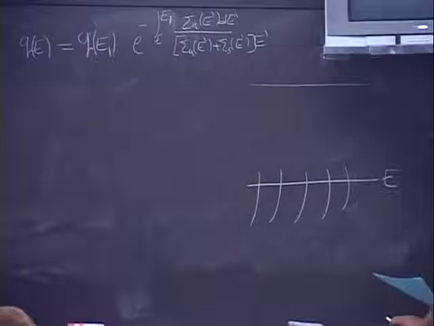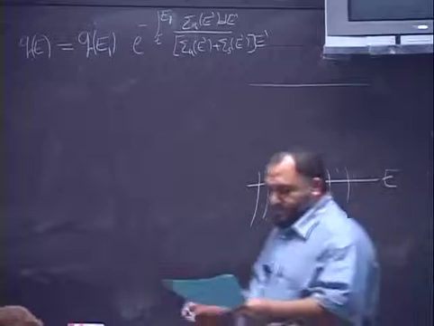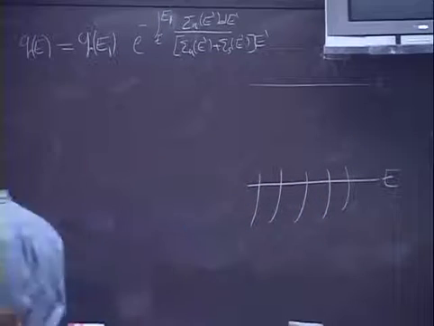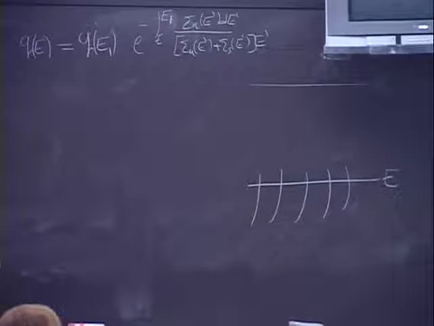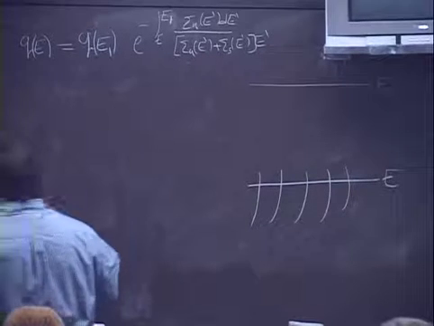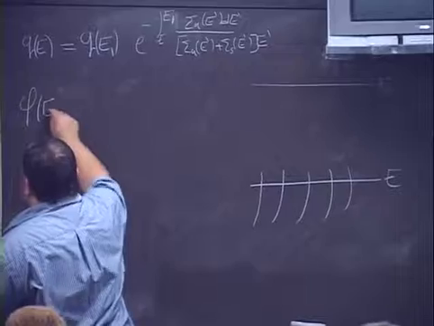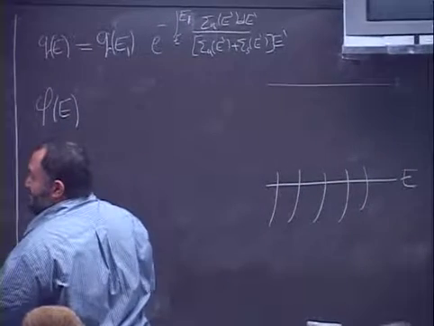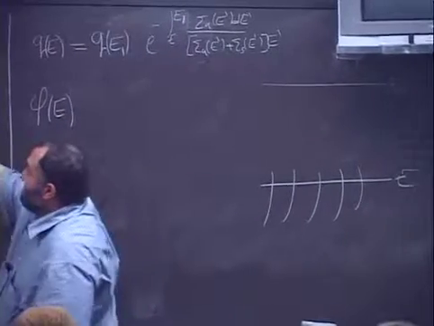Did you understand? Okay. So this is the attenuation of the slowing down due to absorption. Again, you can now calculate the flux. We showed that the flux is this function.